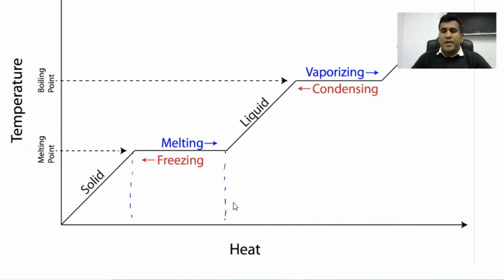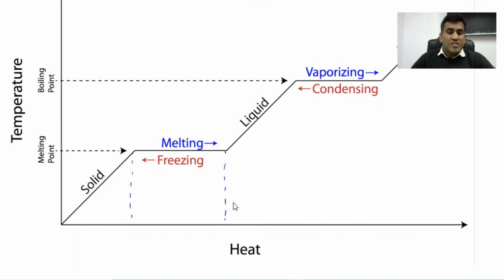This is the property of every substance and element. Whenever heat is applied to a substance, one of two things can occur: either the temperature of the substance changes while maintaining its phase, or the phase of the substance changes while the temperature stays constant. Only one happens at a time.